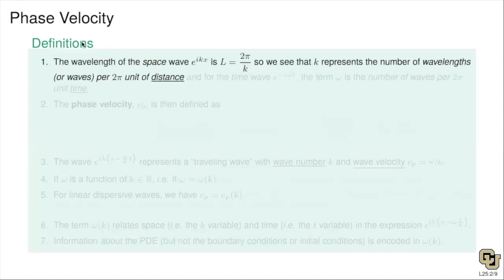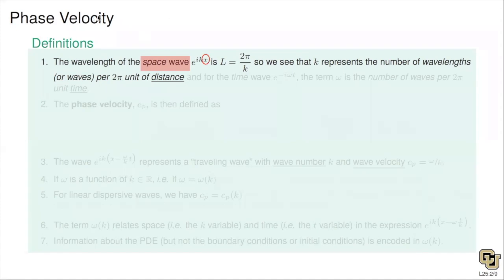So here is the wavelength of the space wave, the wave in terms of the x variable. It's a space wave specifically with reference to this x variable. We know e to the i kx is like cosine kx plus i sine kx. In either case, cosine kx or sine kx has a period of 2 pi over k.